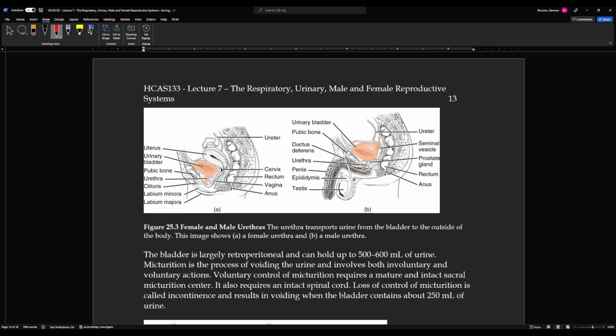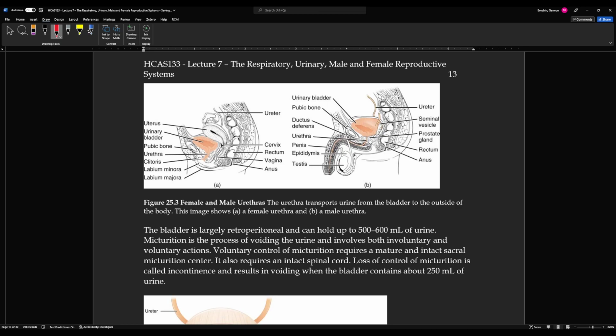There's a prostatic component, a membranous component, the actual penile component, etc. But that's the only urinary piece of anatomy that actually differs between male and female.